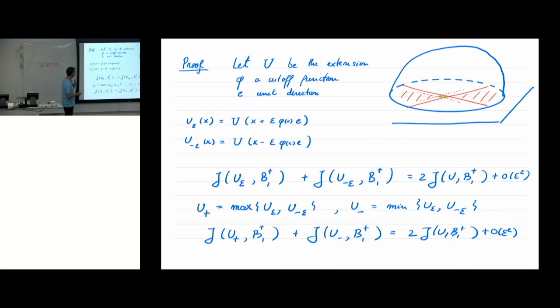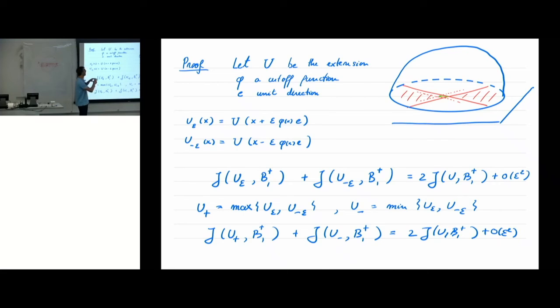There is a trick. The trick is to take as comparator a translation of the set E. I'm going to use the extension, though you can do it without the extension as well. So I have here the set E, and I translate the set E in a unit direction e by epsilon, like this green vector.